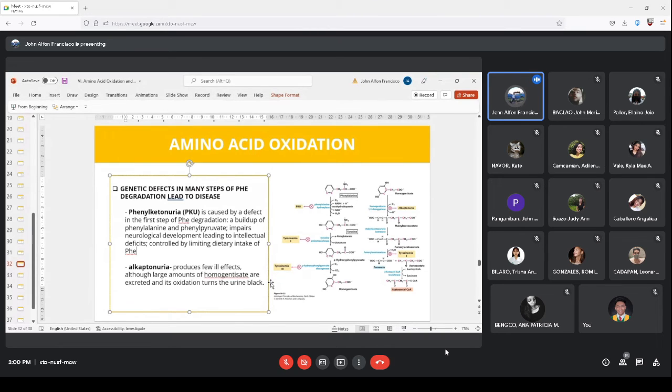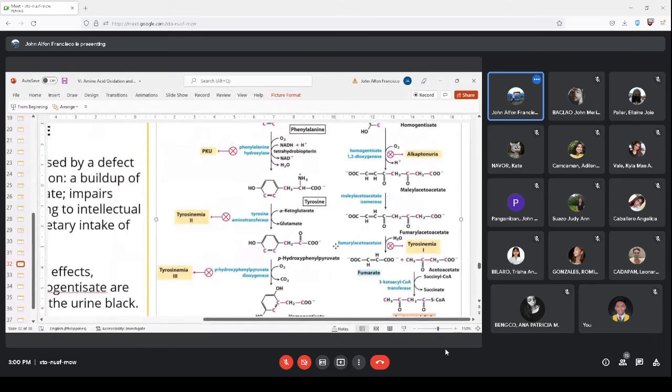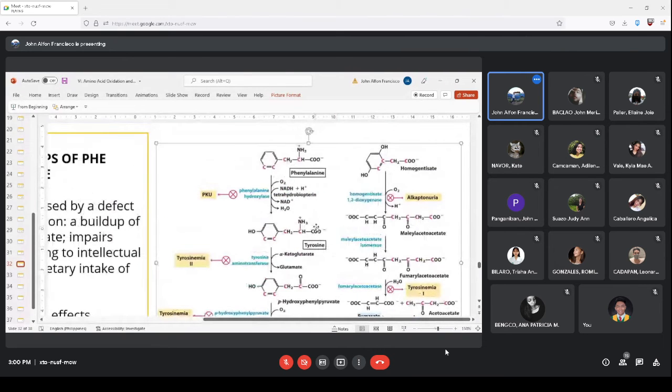This can be limited by control of your intake of phenylalanine-rich diet. So what happens here is that yung phenylalanine mo cannot be converted to tyrosine, dahil wala kang enzyme na phenylalanine hydroxylase. So what will happen is build up of phenylalanine, which is not good for the body.